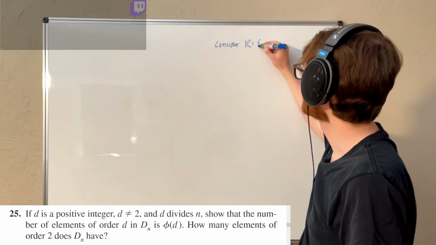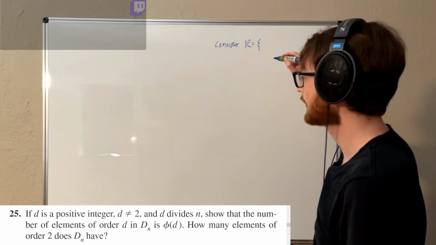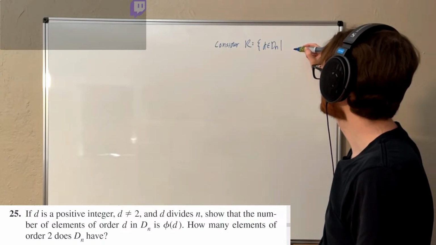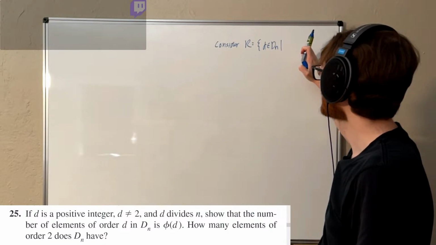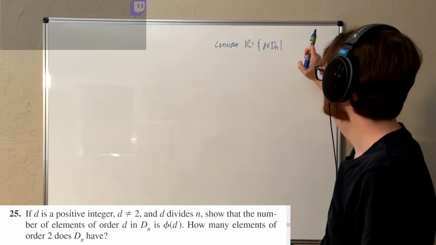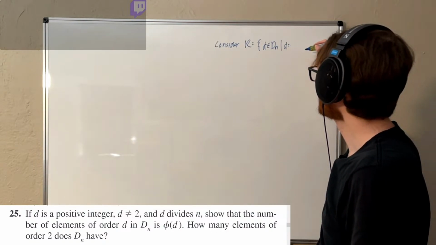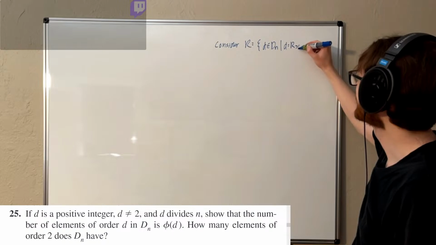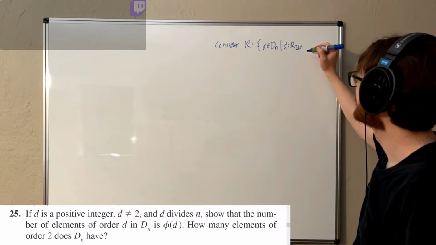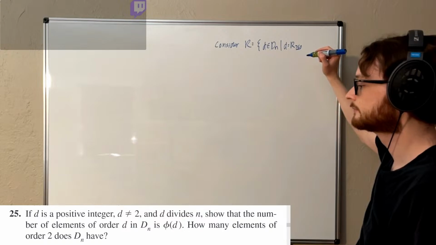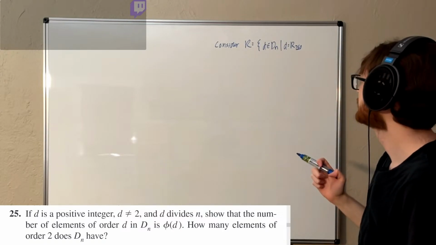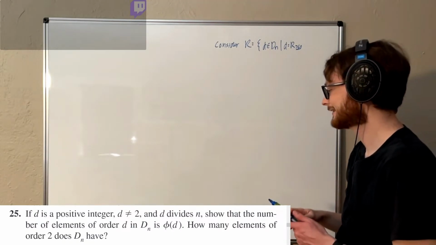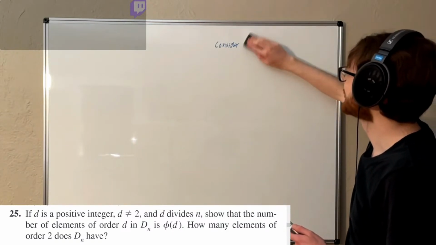What do we define a subgroup R, which is all d in D sub n such that d is equal to R sub 360 over... I just want the subgroup that is all rotations, and trying to do it with that notation is confusing me.